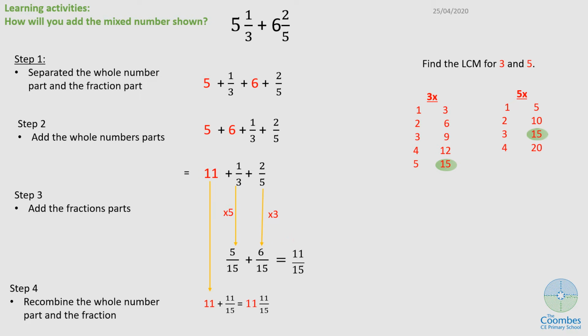The fourth step is to recombine the whole number part and then the fraction part. The whole number part added is 11. So I'm now going to recombine that with the 11/15. So if I recombine them, I'll get 11, 11/15.